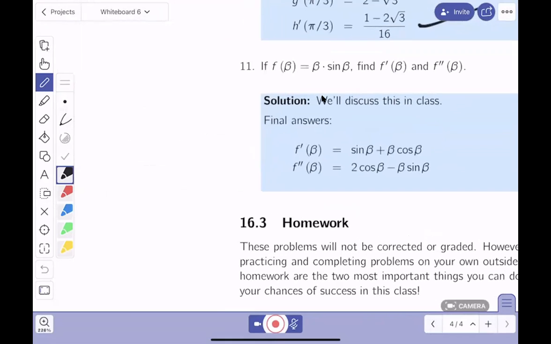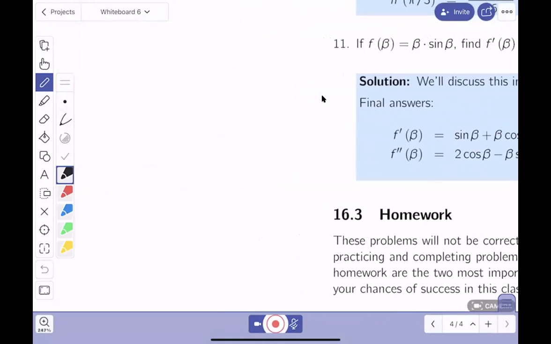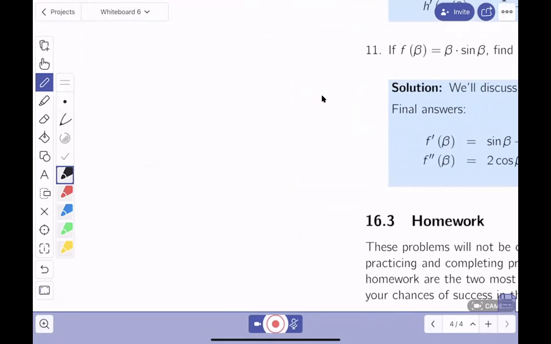All right, let's do number 11 now. 11 looks really strange. And they want f prime and f double prime. Let's write this down. So f, and that's a beta, right? That's my attempt at putting the beta down.